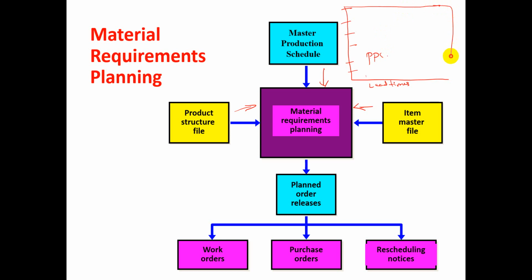This is one example of one project, maybe X. But in a factory there are a number of projects, maybe Y, maybe Z, and so on. So as the PPC department, they have to execute similar kinds of projects at a time. So they require an individual MRP, and this individual MRP can run many projects.